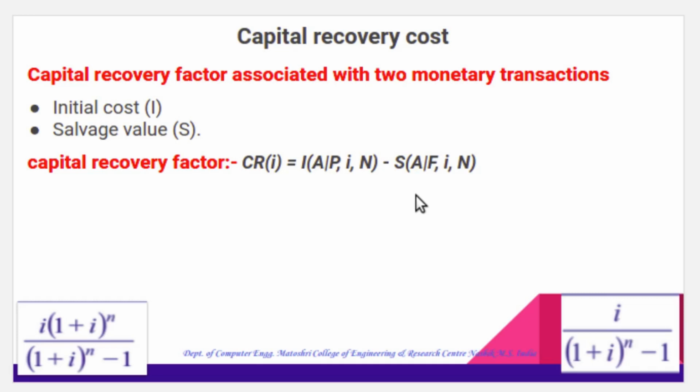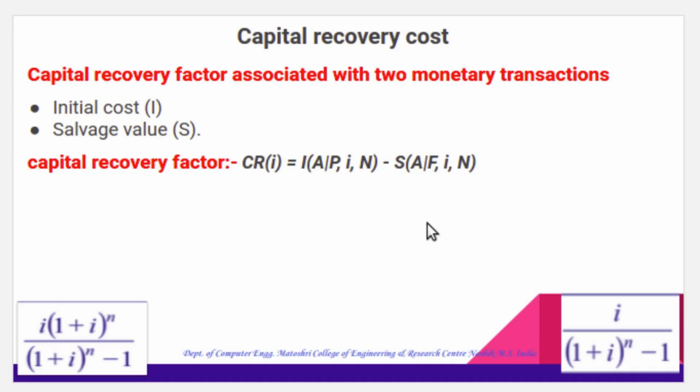The balance, that is I minus S, will be paid back in equal installments over the n periods at the rate of i, while the i present in the salvage equation implies that simple interest in the amount of iS is paid on the S unit.